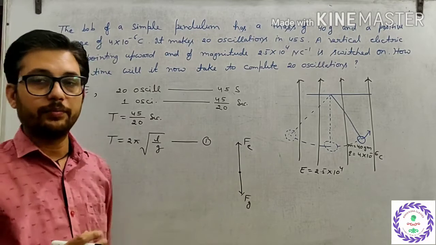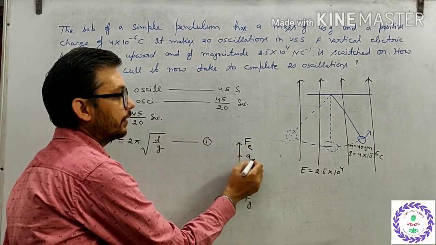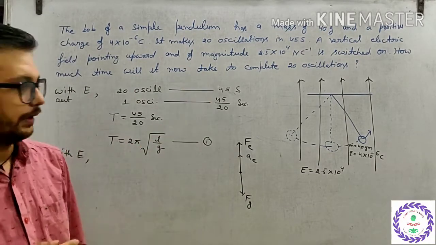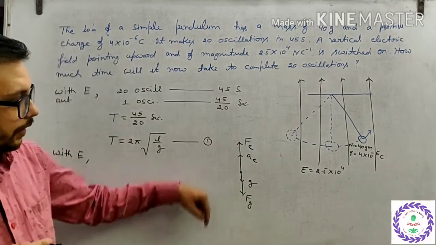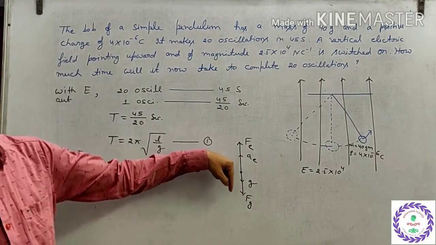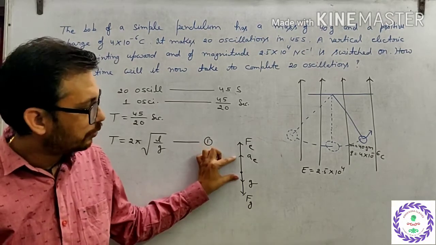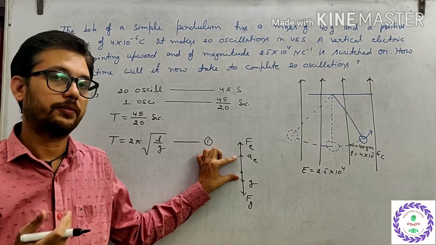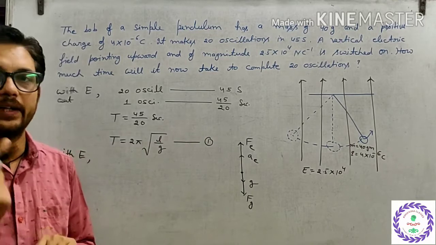It means there will be two accelerations. First acceleration aE due to electric field pointing upward, and second acceleration due to gravity, small g, pointing towards the center of the earth. So these two accelerations are opposite to each other. It means the resultant acceleration will be activated now.